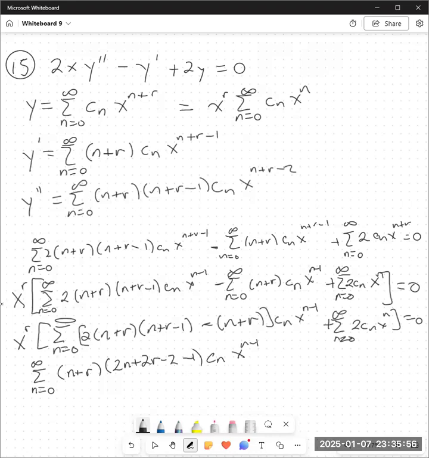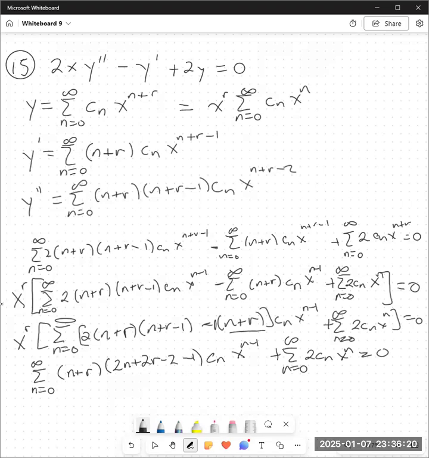So that is putting that 2 in there with this factor and then subtracting the 1 because the n plus r is a common factor that I factored out, plus the sum from n equals 0 to infinity of 2 Cn x to the n equals 0.